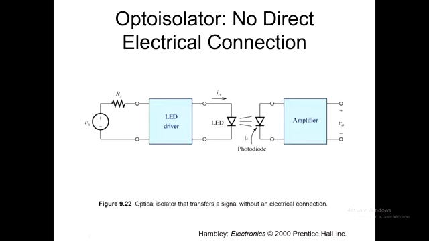So the idea is here to isolate between typically something that's fragile and vulnerable over here and a hostile environment over here, or it might be to protect equipment, might be to protect an operator, or both. And one of the other things that we can do is to isolate from interfering signals as well, if we're careful with that.